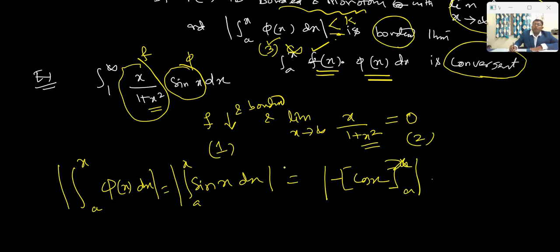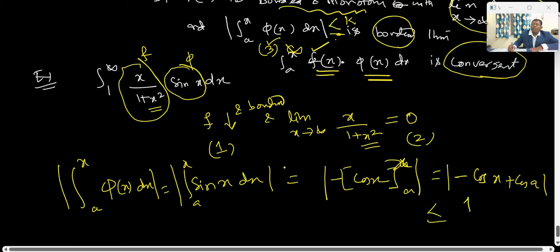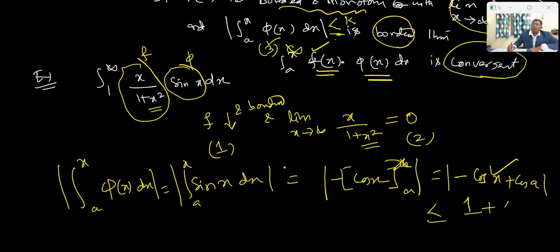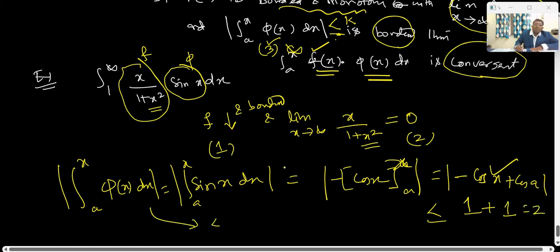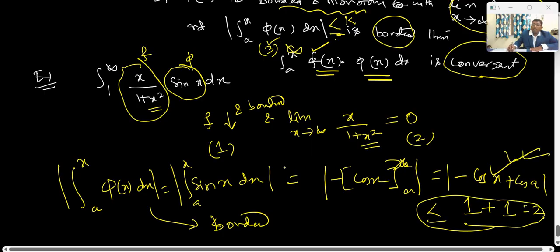So it is equal to minus cos of x plus cos of a. You see, the maximum value of cos x is 1, and this is also 1, so I can say the maximum is 2. So this is bounded. We don't need the exact bound; we just see whether it is bounded or not.